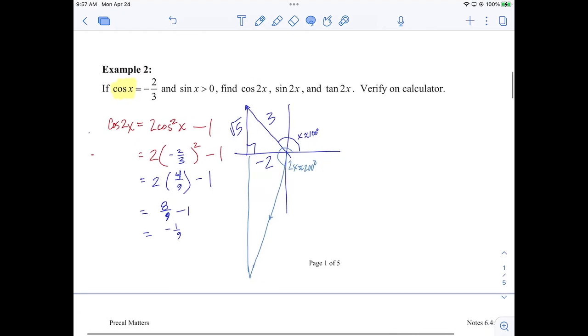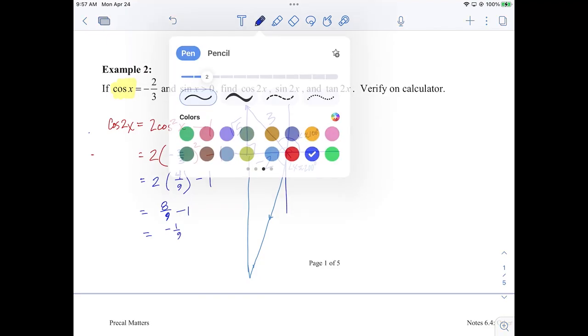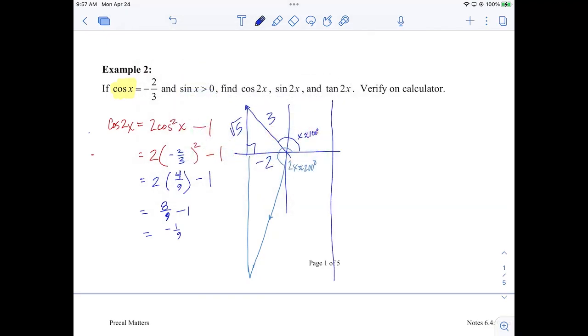Now I'm going to find the sine value right here. That's what's next. What should the sign of the sine be, positive or negative, for the double angle if the double angle lives in quadrant 3? Should be negative, right? Let's try it out. Sine of 2x is 2 sine x cosine x. I don't really have the option like I did for cosine to write it exclusively in terms of cosine.